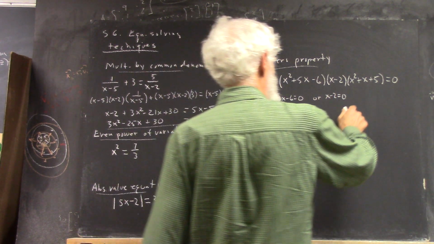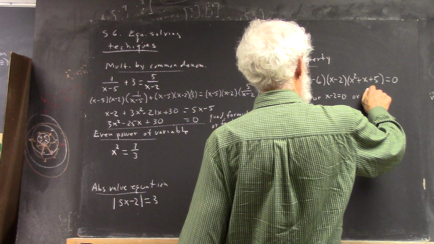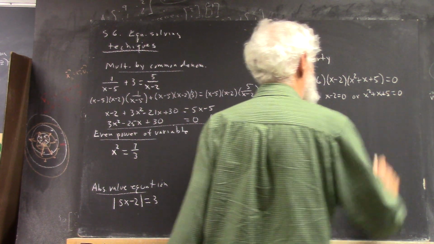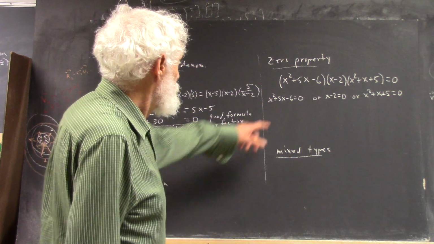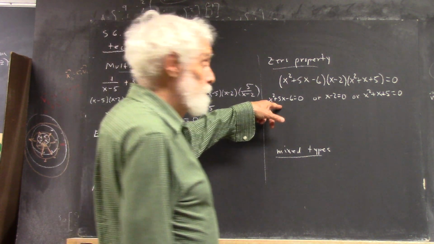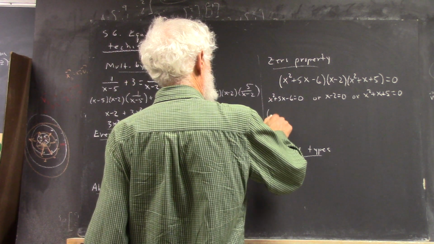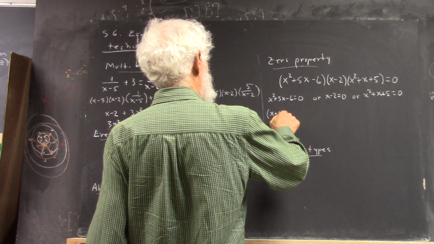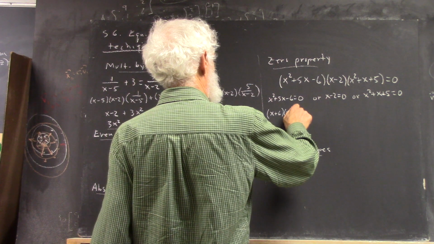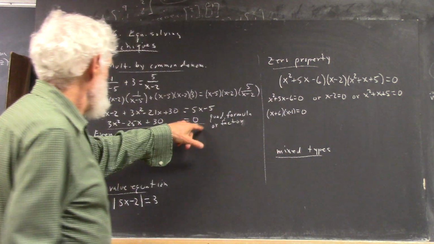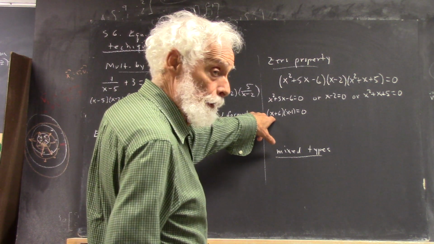which is easy to solve, or this. Okay? Well, this one can be solved, and actually we could use the quadratic formula, but I believe we can solve it by factoring. And this illustrates how we would solve a quadratic by factoring, okay?